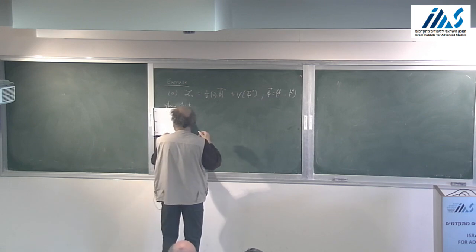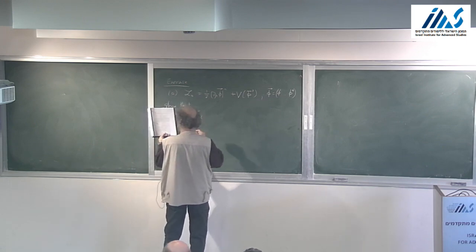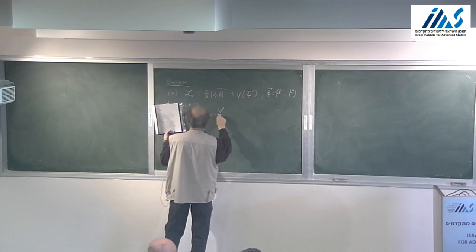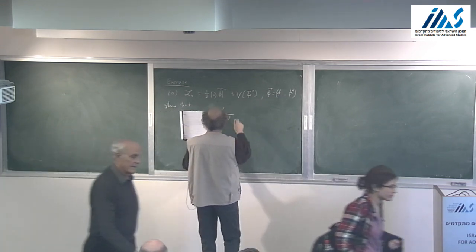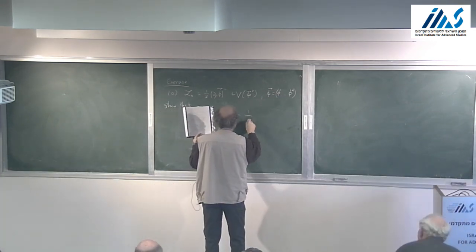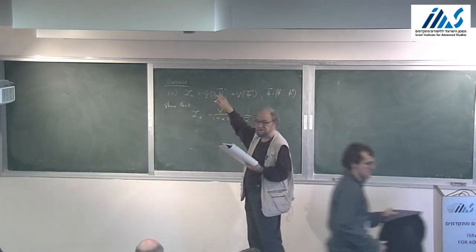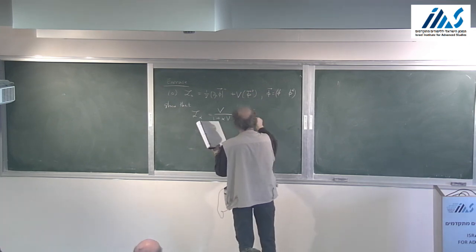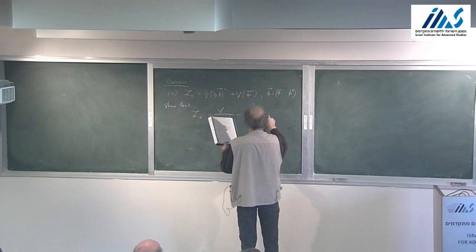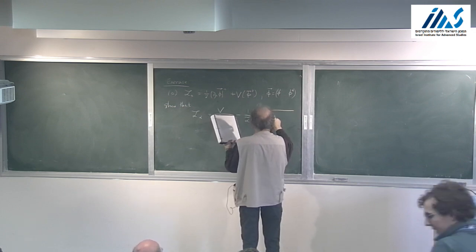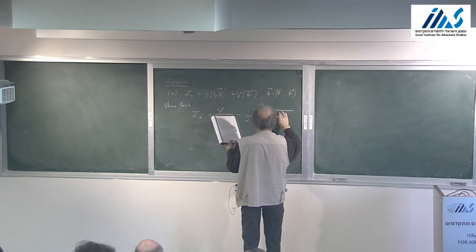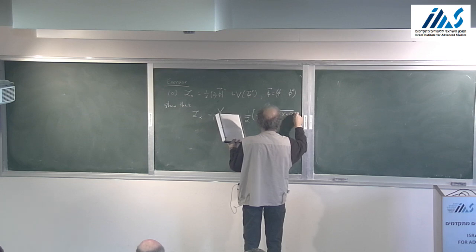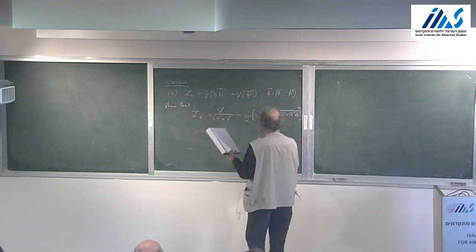So the equation for the flow of the Lagrangian is solved by this formula: V divided by 1 plus alpha V, minus 1 over alpha twiddle, times minus 1 plus the square root of 1 minus 2 alpha twiddle x plus 4 alpha twiddle squared z. So last time I just missed this potential term. All right, and that's it.